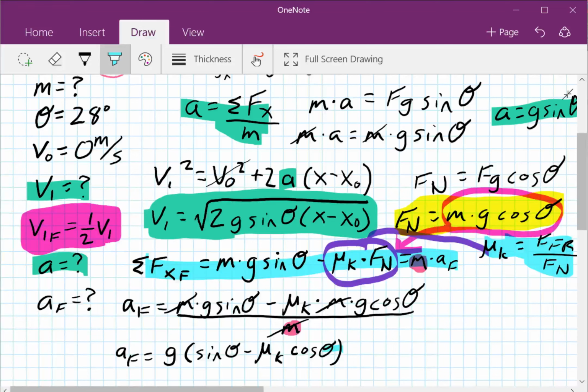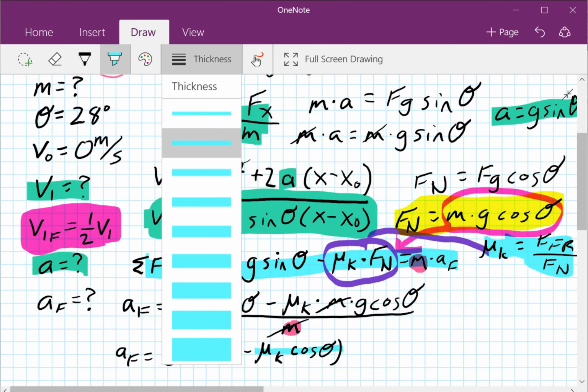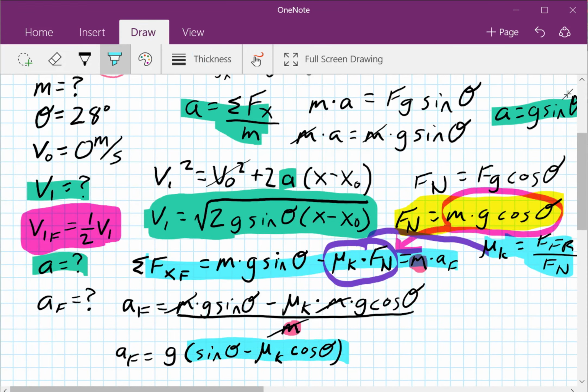So that's the acceleration with friction in mind. If we're going to be able to use these accelerations, we're going to have to figure out a way to combine the two equations with friction and without friction using the kinematics equations.